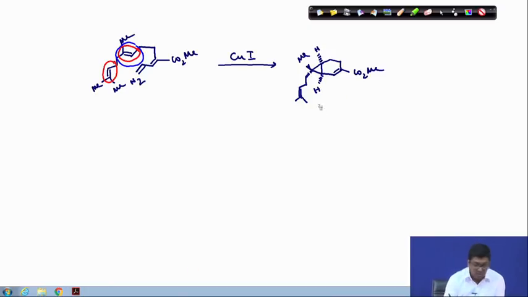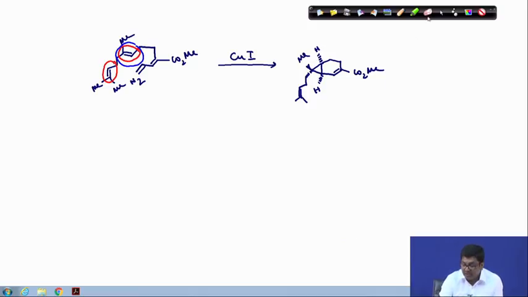So, you will get this stable 6 member ring. Otherwise, in this case it will form a very large member ring, rather than forming 6 member, which is much easier. So, the carbene, metallocarbene, adds to this olefin.